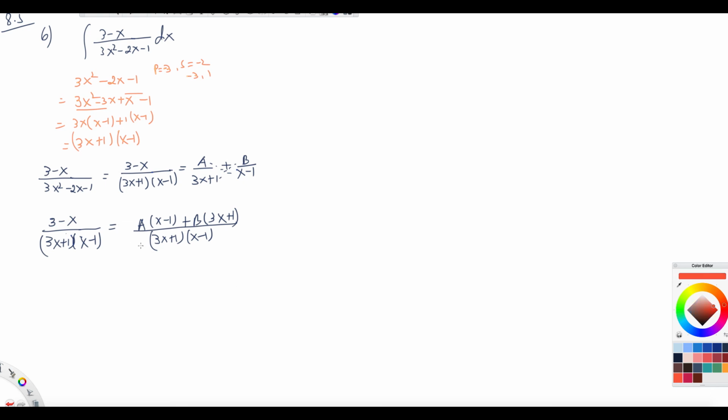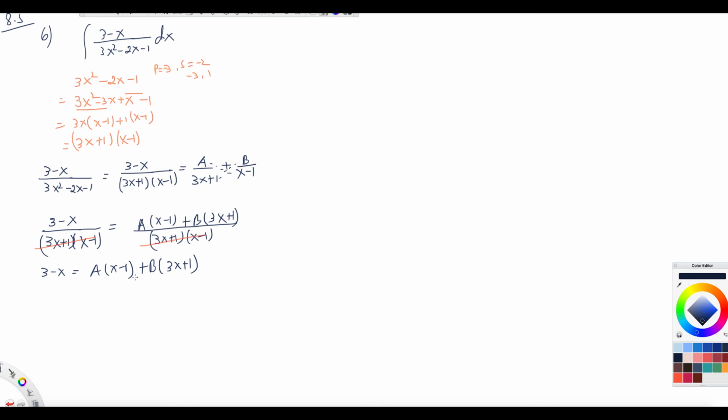If you multiply both sides by the factor in the denominator, you cancel it out. So what is left is 3 − x equals A(x − 1) plus B(3x + 1), as we did in the previous example, like example number 1.